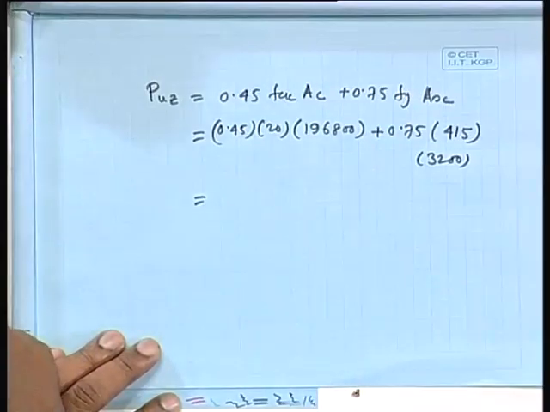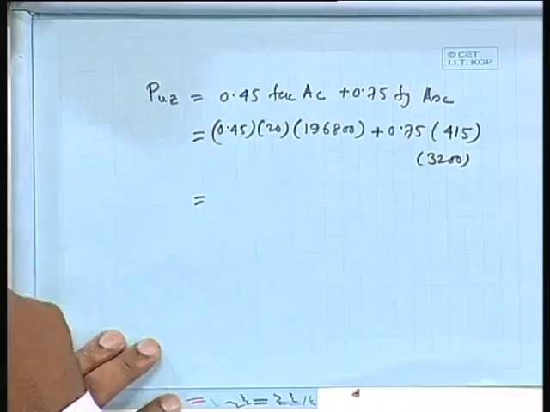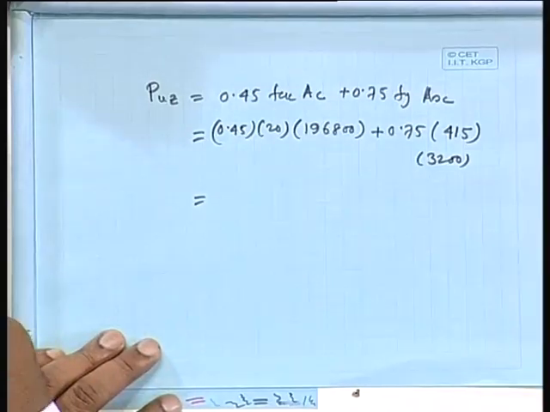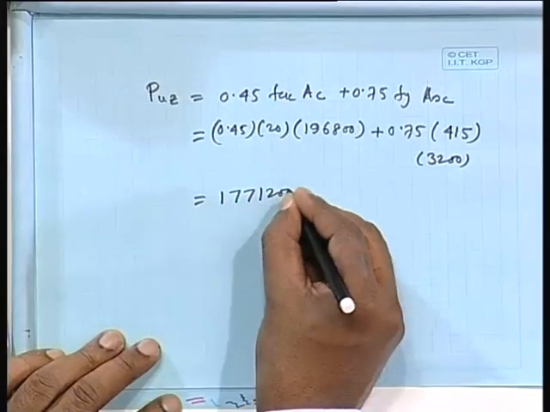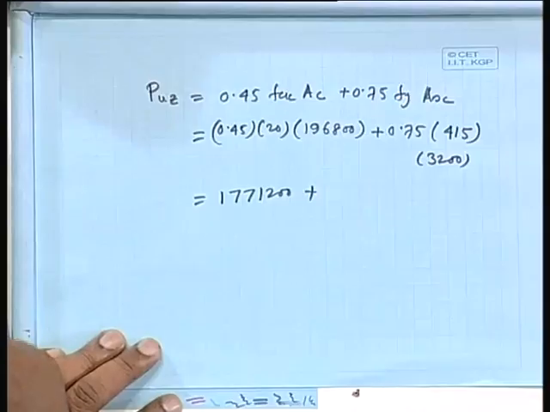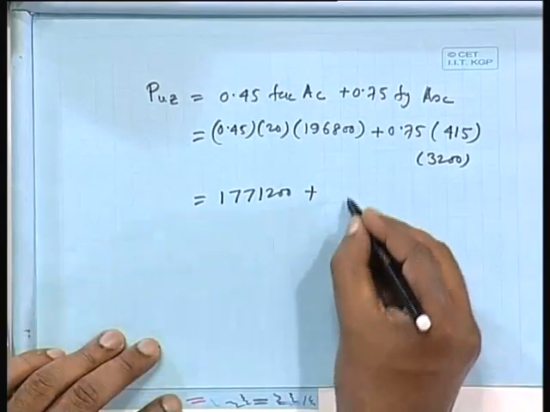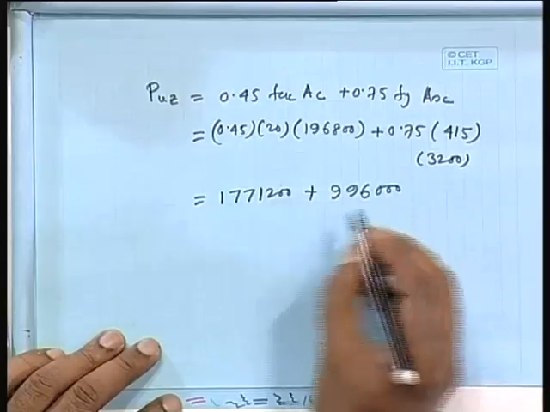So 0.45 times 20 times 196,800 is 1771200, plus 0.75 times 415 times 3200 is 996000.